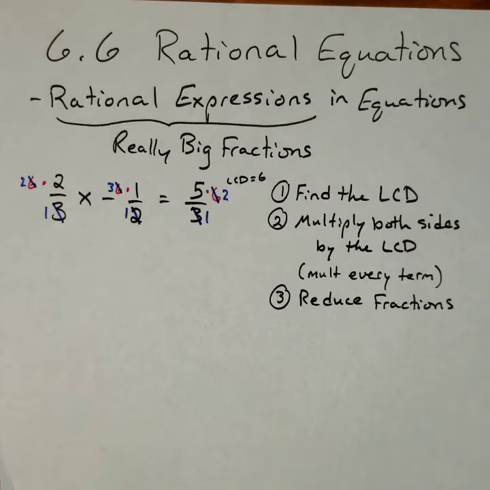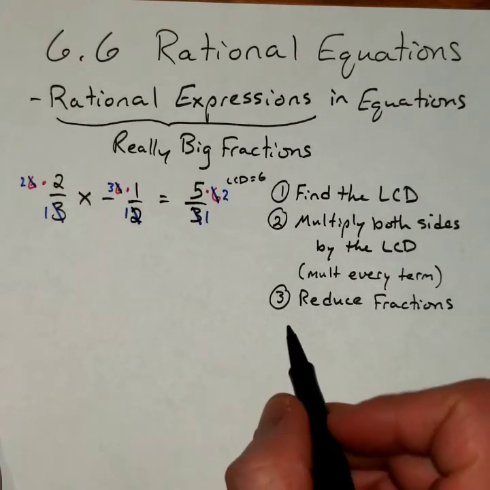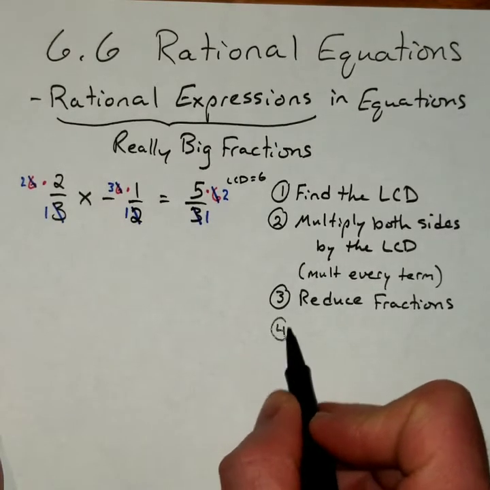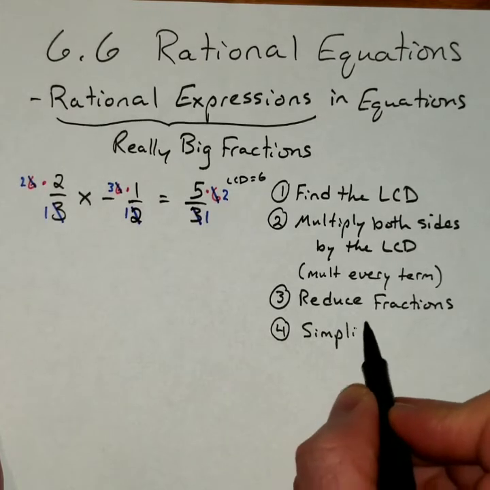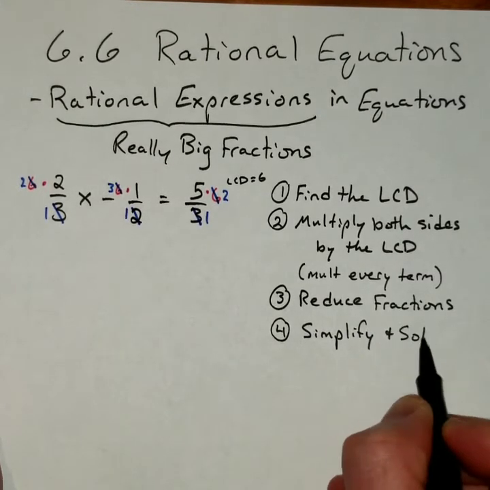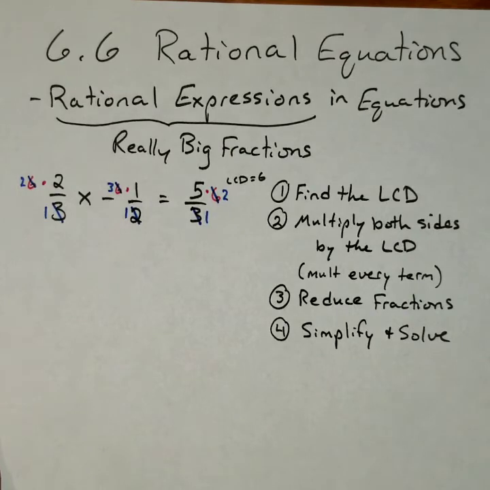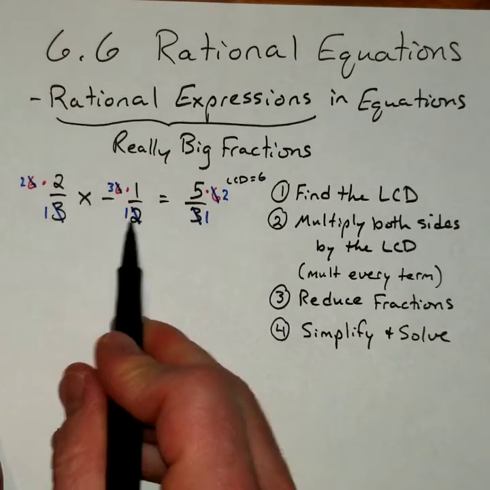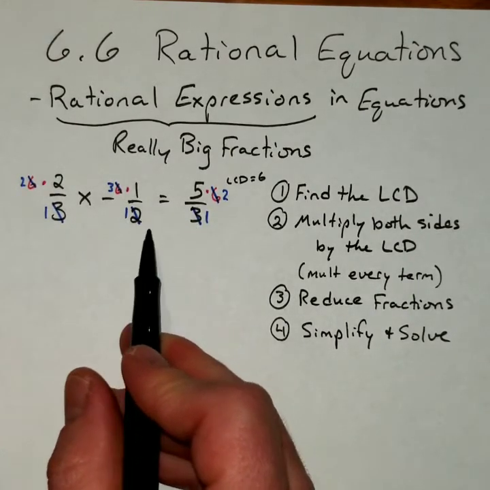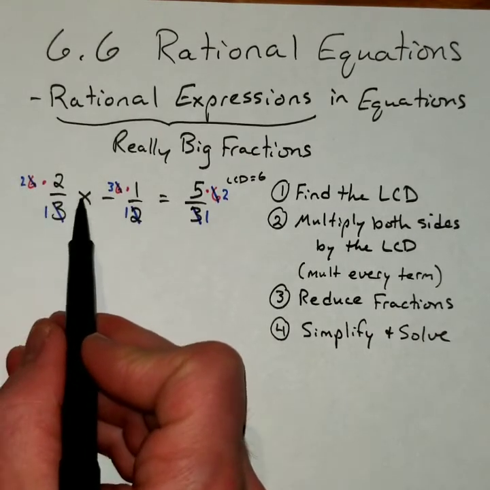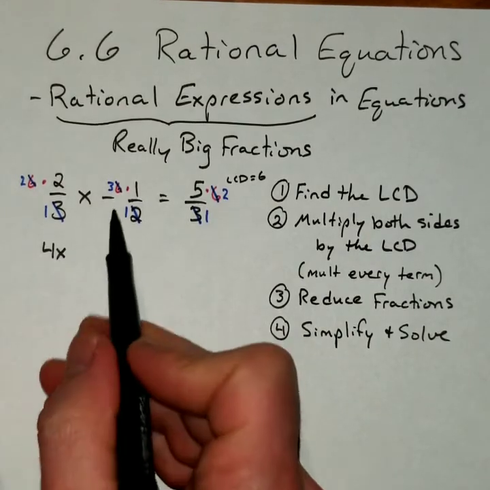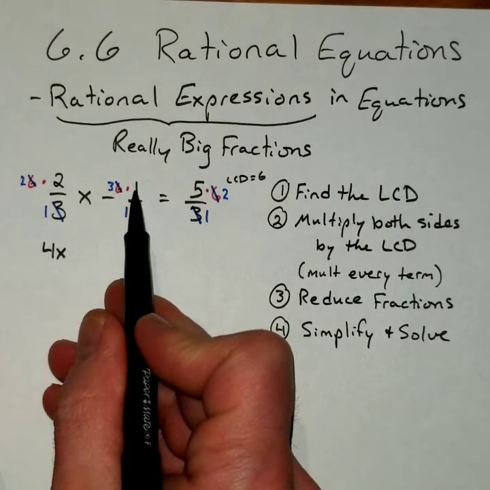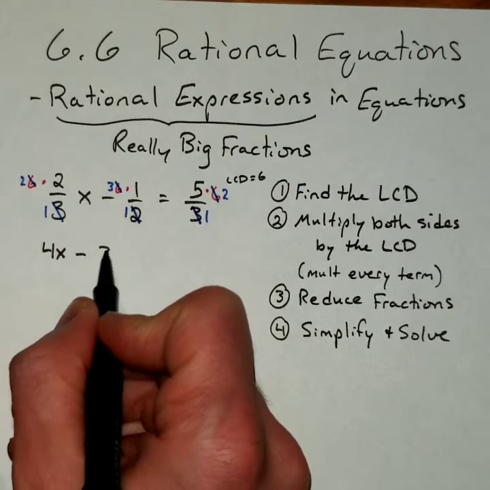And so once I've reduced the fractions, I then go through and simplify and solve, right? Now we won't have any fractions because all of my denominators are 1. So if I simplify 2 times 2 times x, I get 4x for my first term. Then I have 3 times 1 is 3 with a minus, so it's a minus 3.